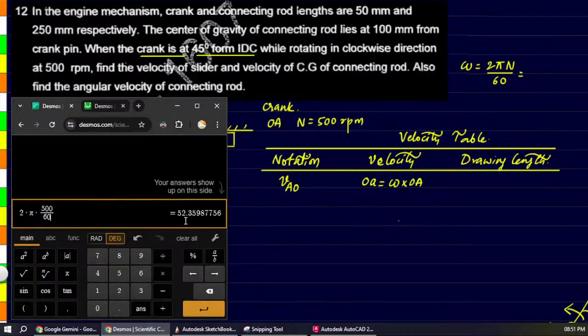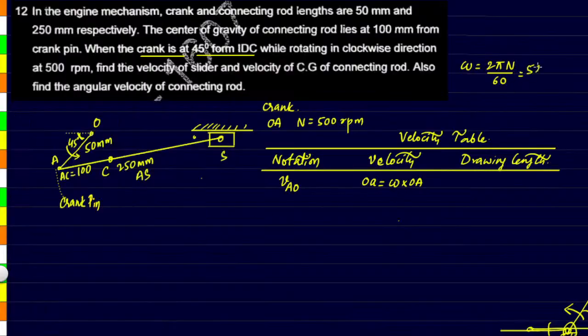So omega value we are getting as 52.359, which will round off to 52.36. This will be in radians per second. So now we know the value of omega, and we will have to now find this velocity.